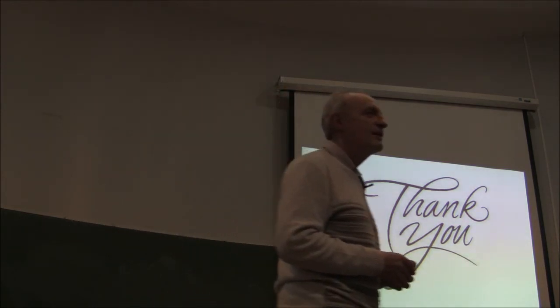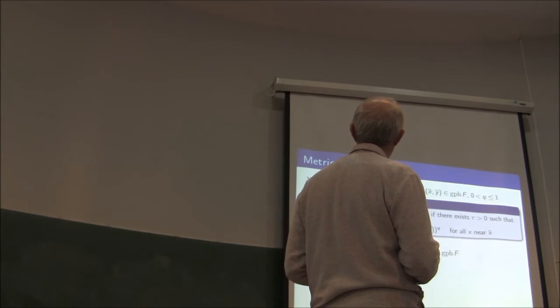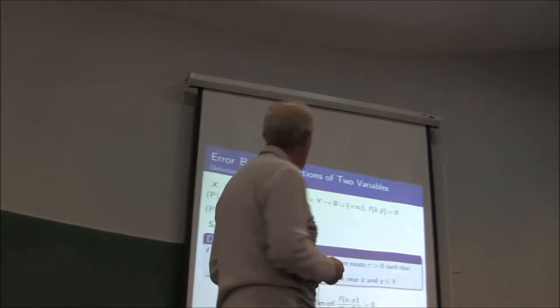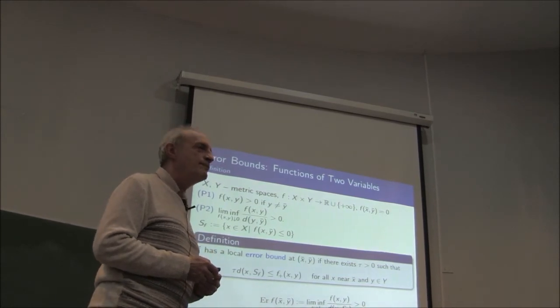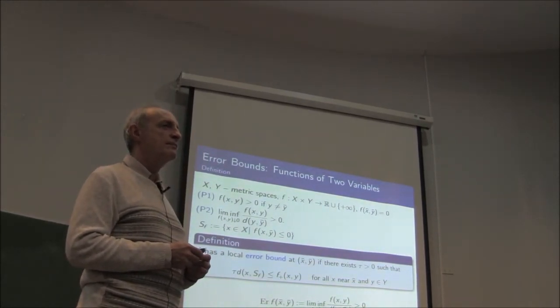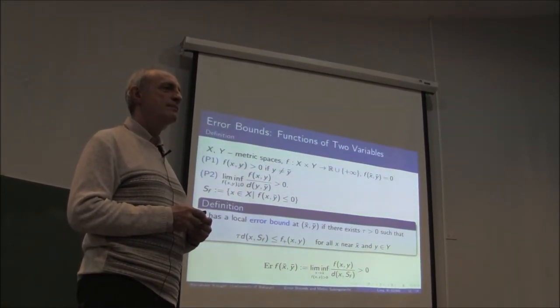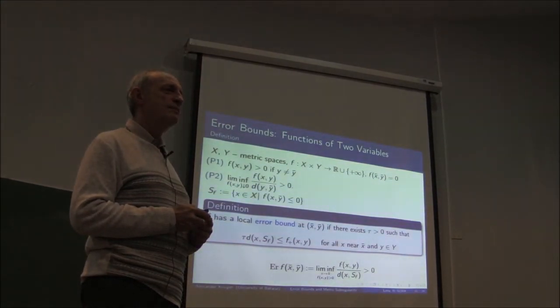Yes, please. I would like to go back to your property P1, P2. I imagine that if you focus on a function of two variables, you have in mind eventually that this could be used for reformulation of other problems, what is sometimes called the equilibrium problem, looking for points where this f of x,y is less or equal to 0 for points moving in a set, and in this way provide error bounds for those reformulations of problems.